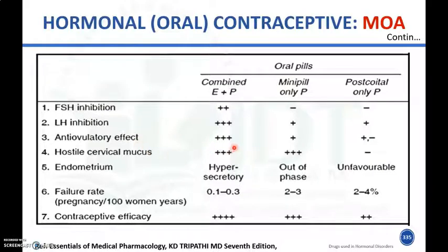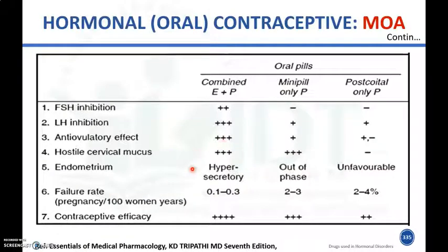In the ovulatory effect, the combined pill has more effect than mini pills as well as postcoital pill. To make the cervical mucosa unsuitable for penetration, it has more effect in combined pills, and almost the same effect in mini pills also.